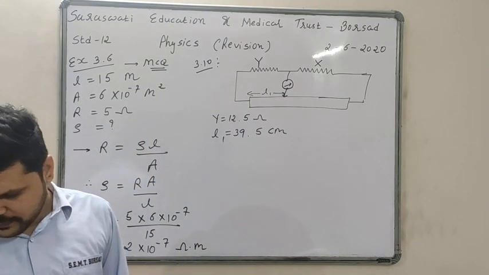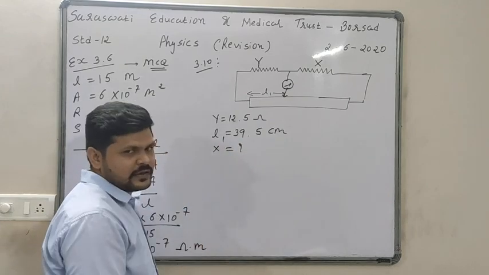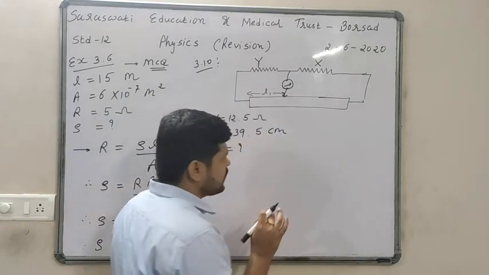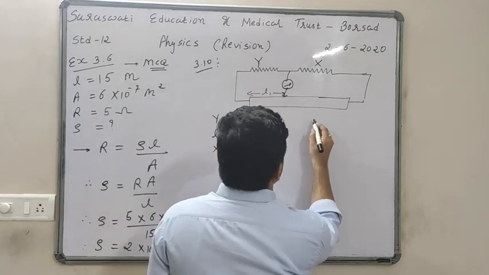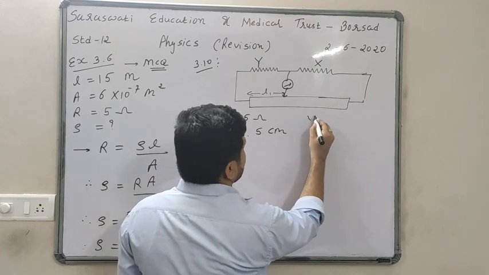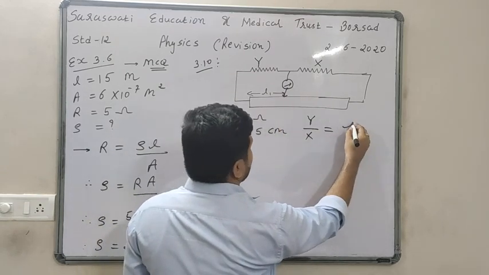Then we are asked to find the value of X. This is also a very easy example. Just use the principle and theory of meter bridge, that is Y upon X is equal to L1 upon L2.